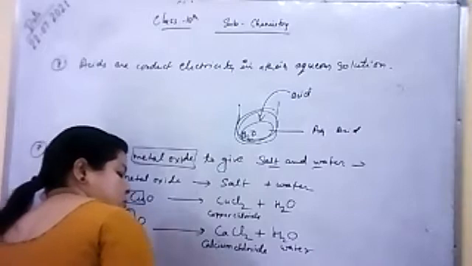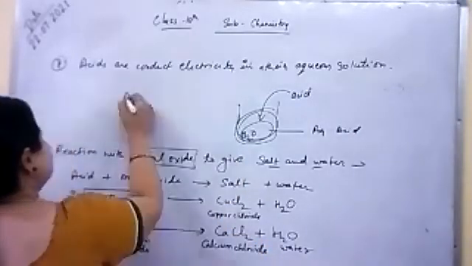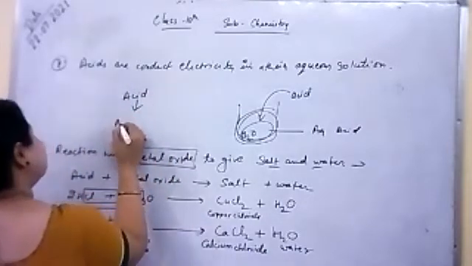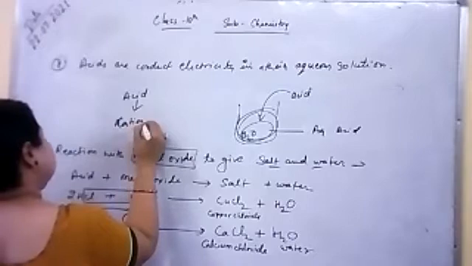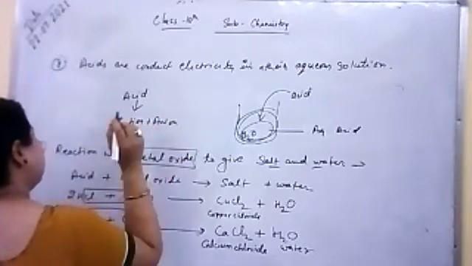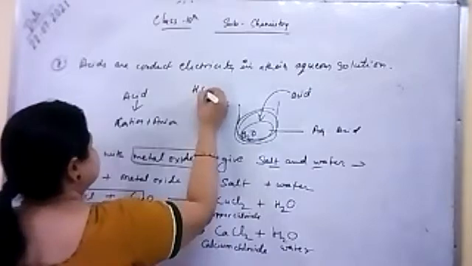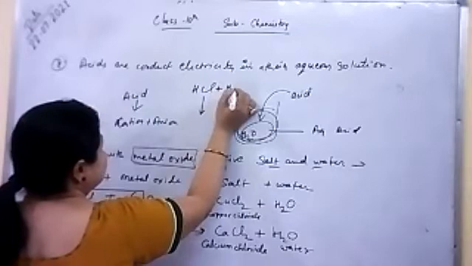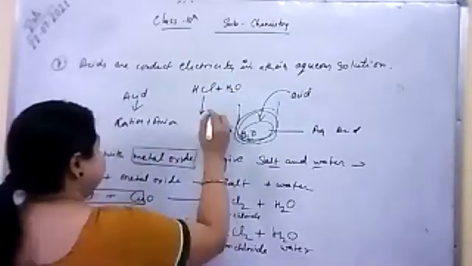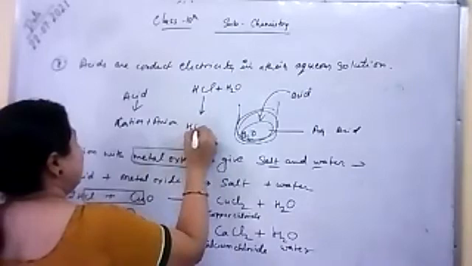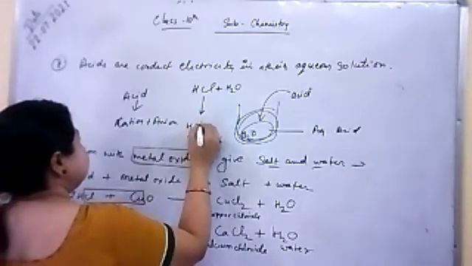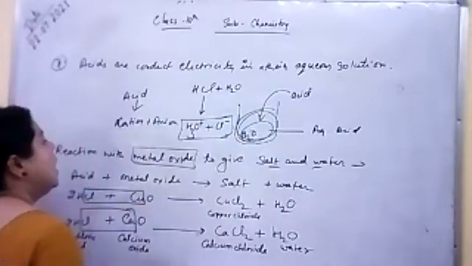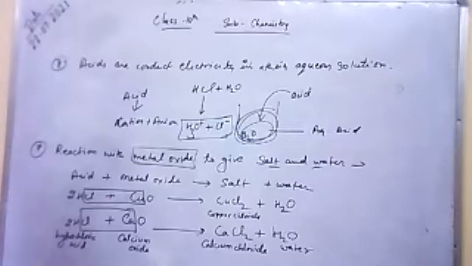So in the presence of water, this acid forms its ions, cation plus anion. For example, HCl: whenever you dissolve it in water, it will form H3O positive ion and Cl negative ion. And these ions are responsible for the electricity conduction. Is it clear?